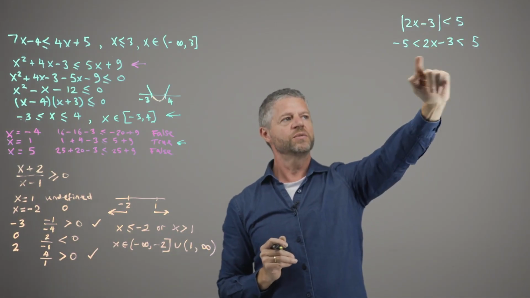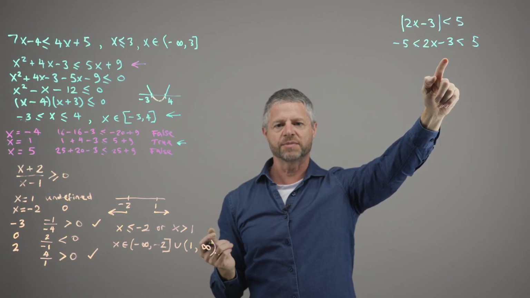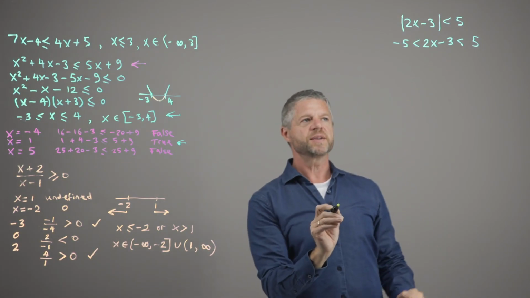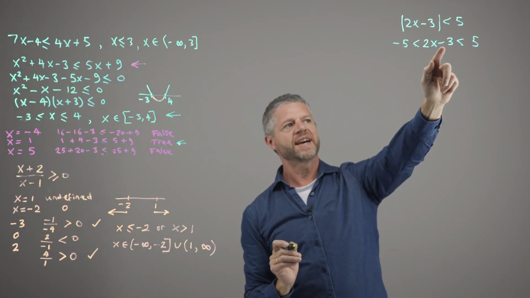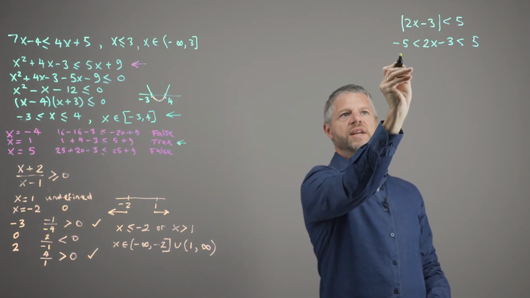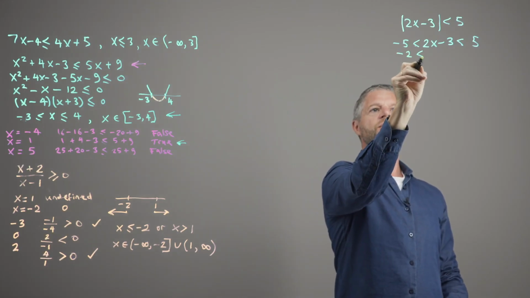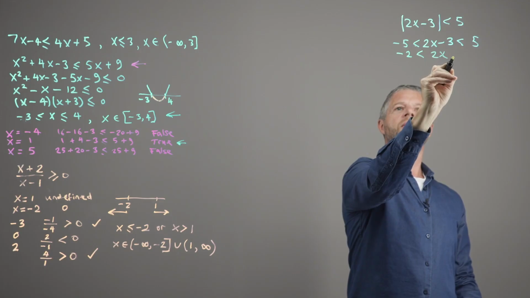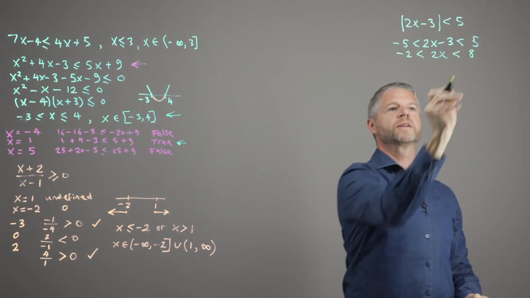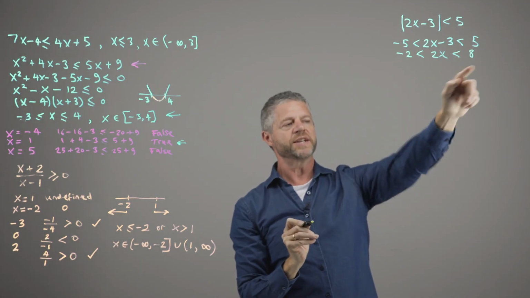And so now we've already seen how to solve this kind of example. We did an example like this in the last video, but I'll just run through the steps real quick. Let's add 3 first of all. So minus 5 plus 3 would be minus 2. And then 5 plus 3 would be 8. And then divide through by 2.